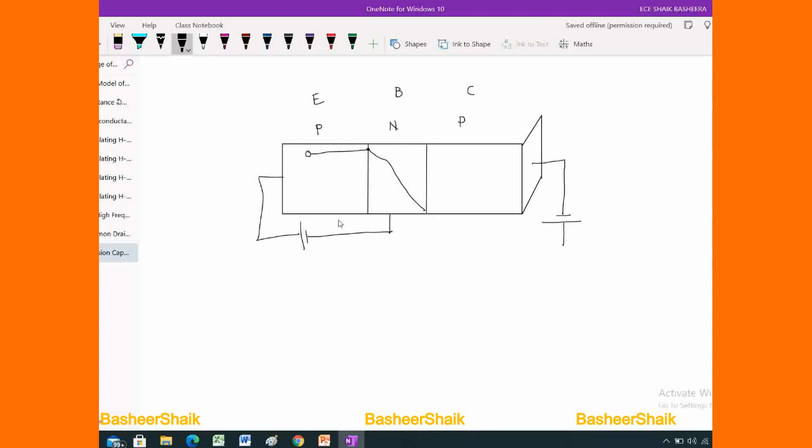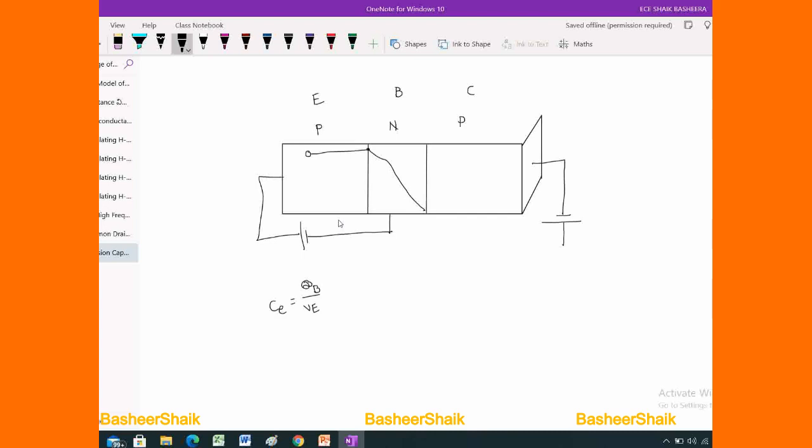Now, in order to derive the diffusion capacitance, the charge in the base varies with respect to the applied voltage VBE, and the corresponding capacitor is CE.